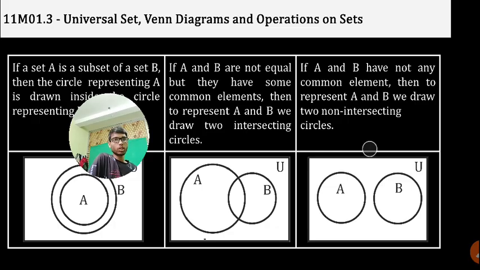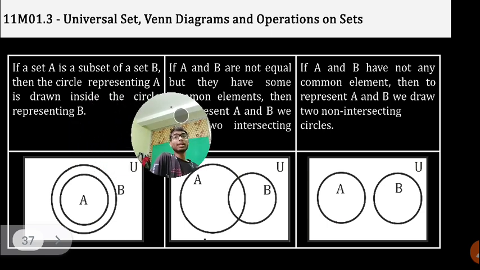Here you can see there is no intersecting circle, because it is telling you that we don't have common elements. This one is telling you that we have common elements, and this one is telling you that the whole of A is a subset of B.